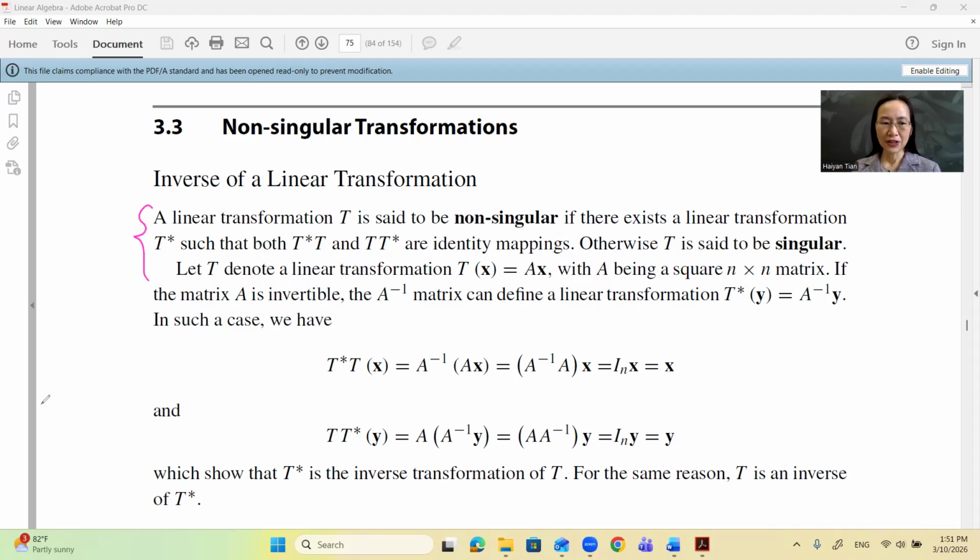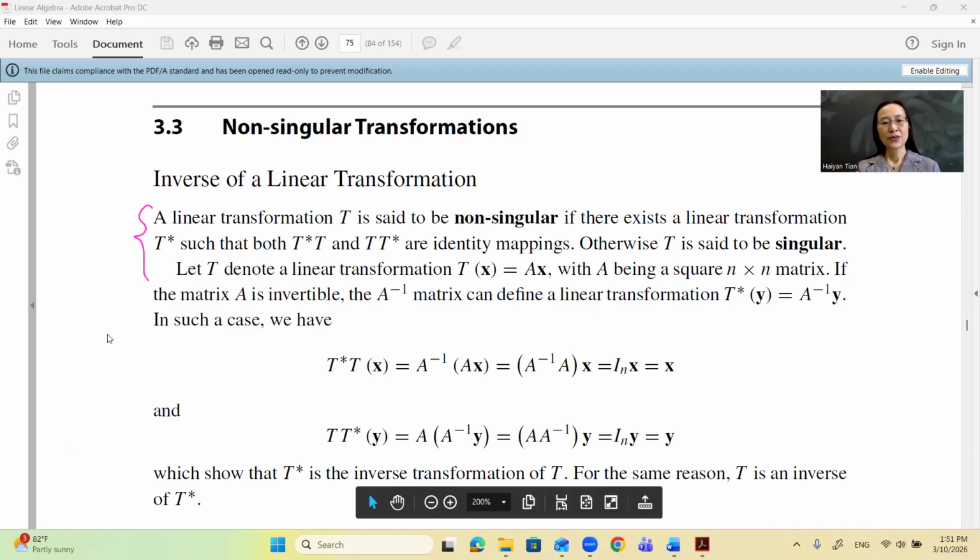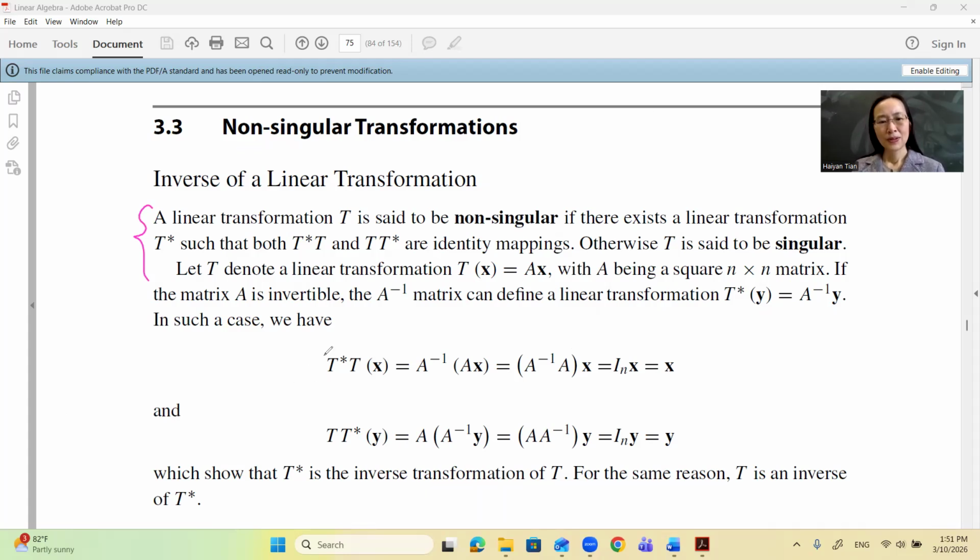From the definition, we can tell that. We can also easily verify. So apply first T star T. This is one. We want to check if this is an identity mapping.